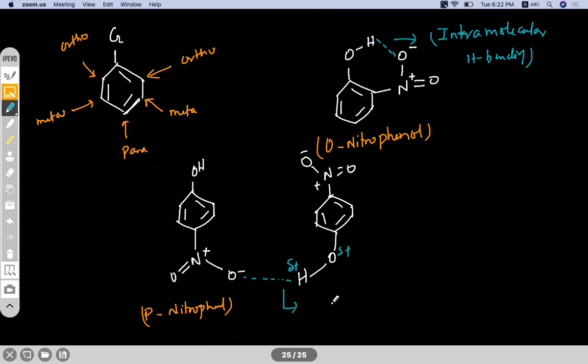Right, so this bond is again a hydrogen bond, but it is intermolecular hydrogen bonding because it happens between the 2 molecules. The donor and the acceptor atom are present in 2 different molecules.